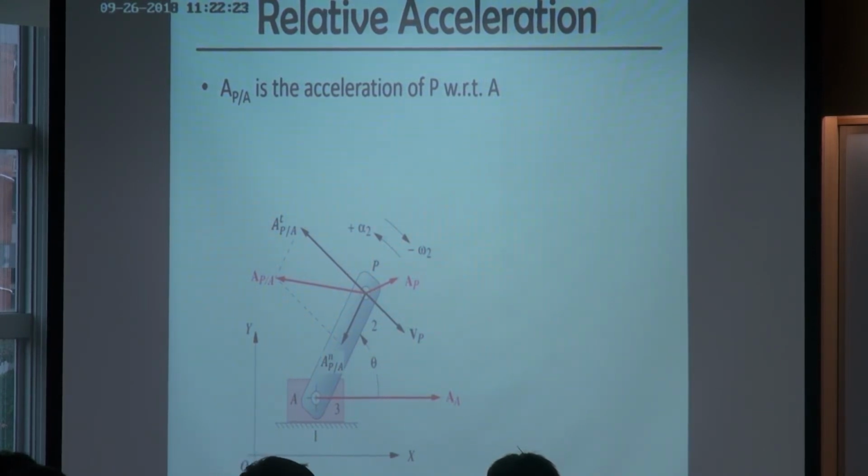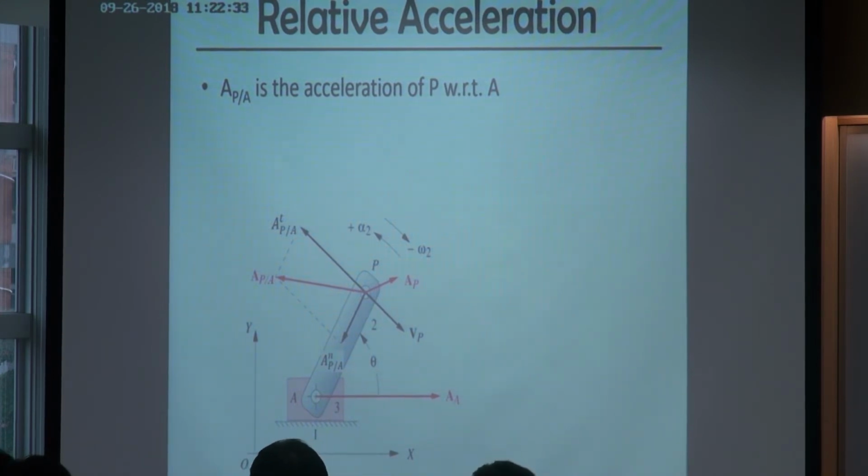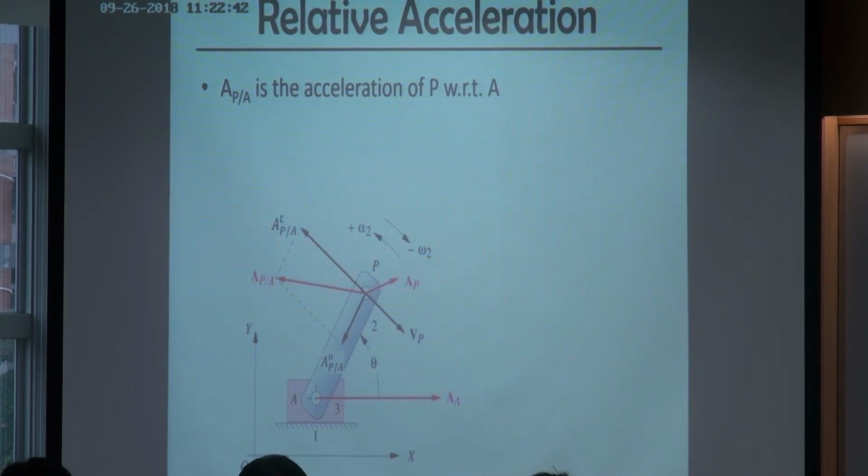So the length of PA is fixed. We try to define the acceleration A_P/A, the acceleration of P with respect to A. So it's still the relative acceleration of P to A. For acceleration, we can represent it as the time derivative of V_P/A.